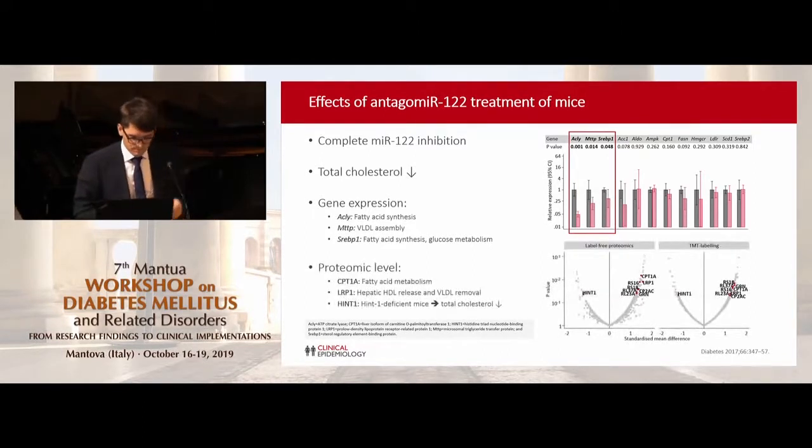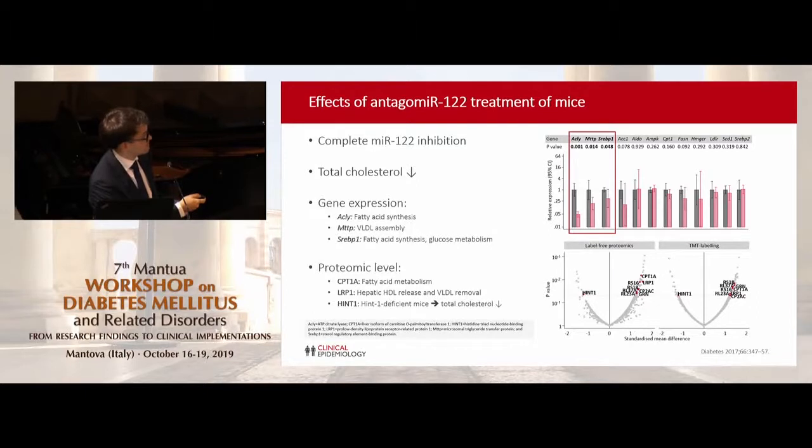At the protein level, we also saw some differences. Those are so-called volcano plots, where you can see the fold changes upon intervention and the p-value, and you get the most prominent changes up here.